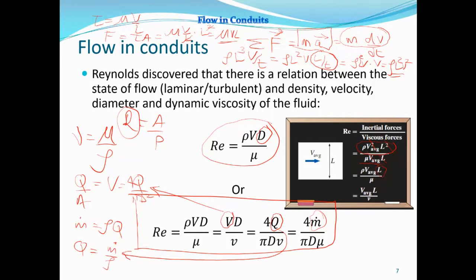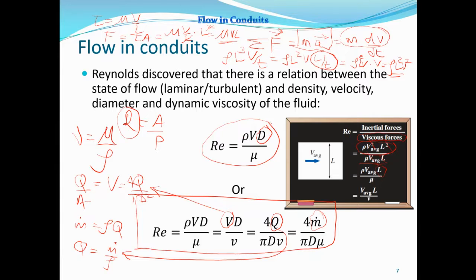Of course, we will see that for laminar flow, where the viscous force dominates, we will have a low Reynolds number because the velocity is low and the denominator is higher. So the Reynolds number will be lower in laminar flow than in turbulent flow. In turbulent flow, we have the inertial forces dominating.